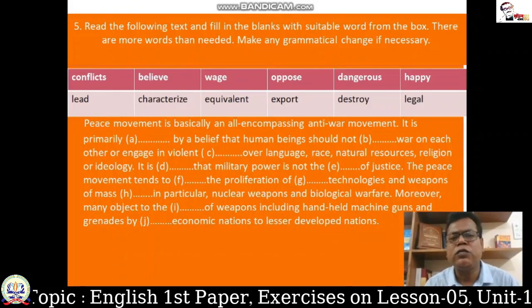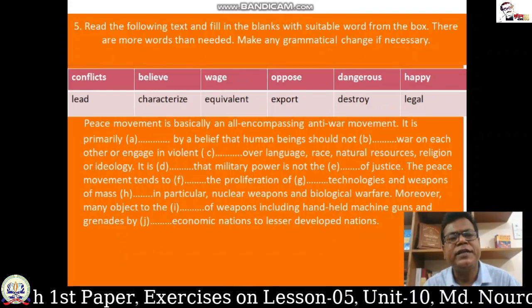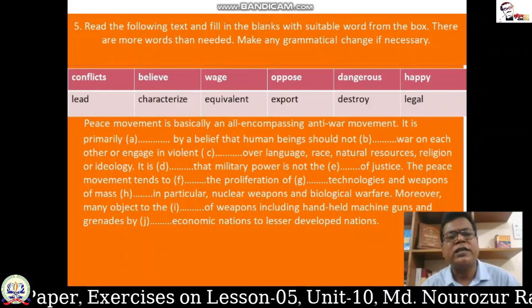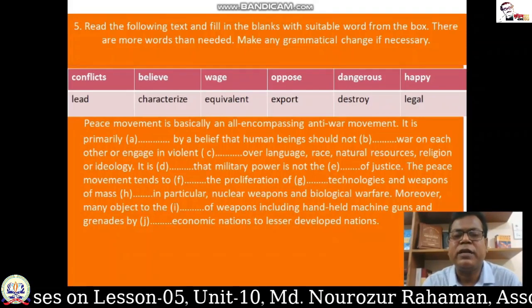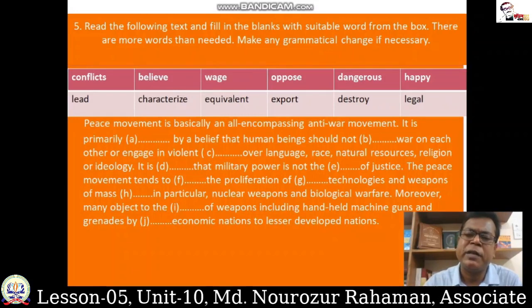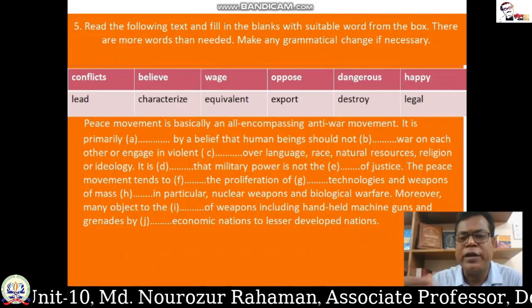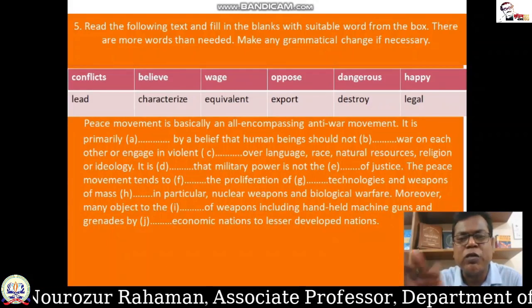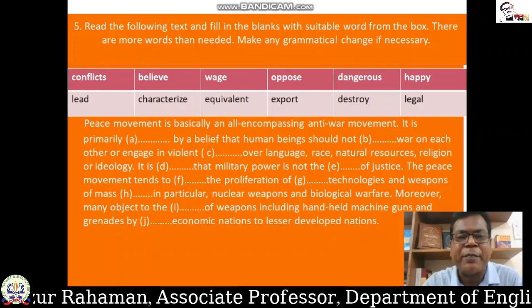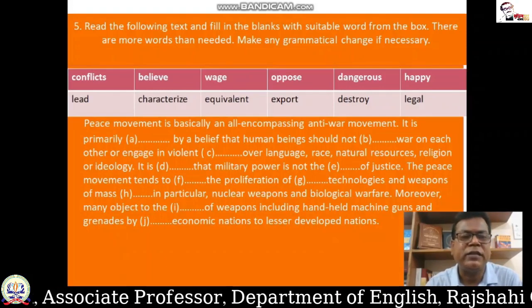So if you want to answer this item properly, you must read the words given in the box, then you'll read the passage properly. Because if you cannot understand the passage properly, you cannot answer properly. When you read the passage properly, you can understand which word might be inserted in which gap. So you read it properly.